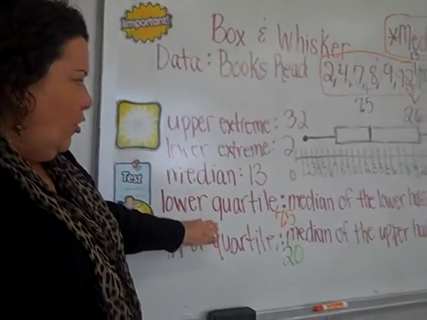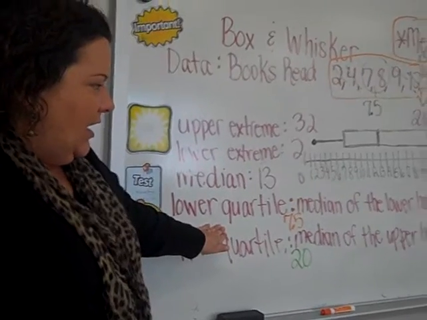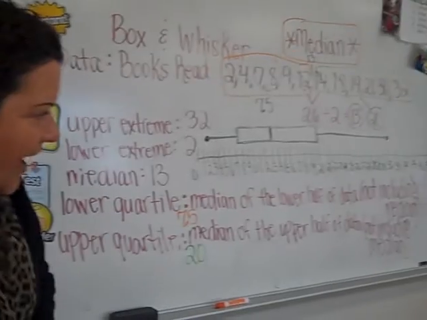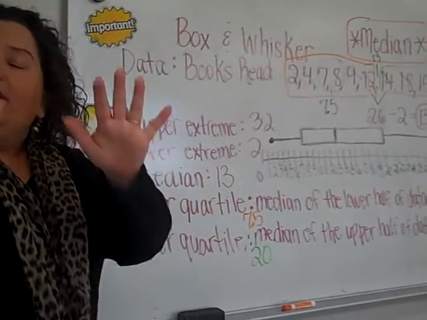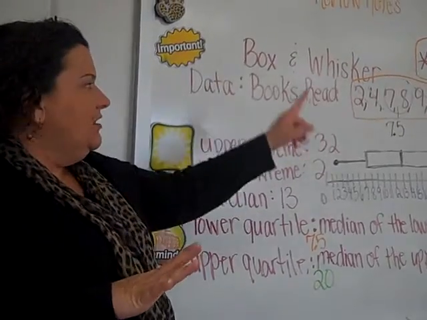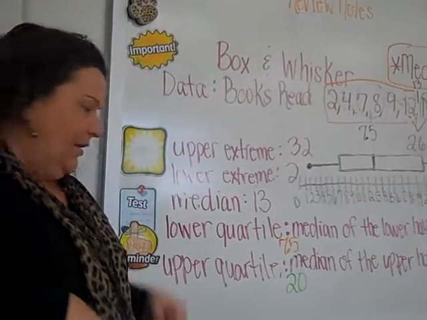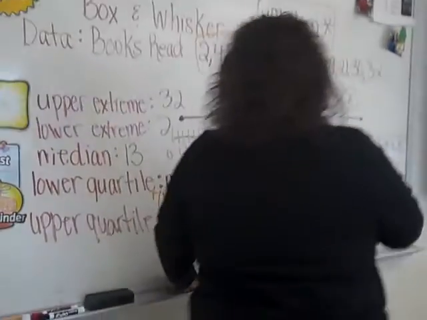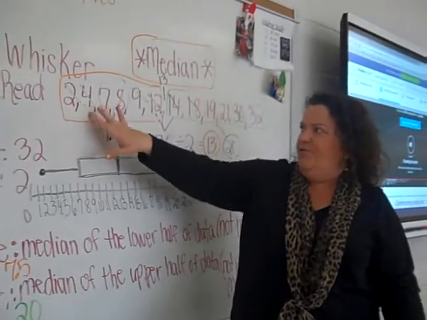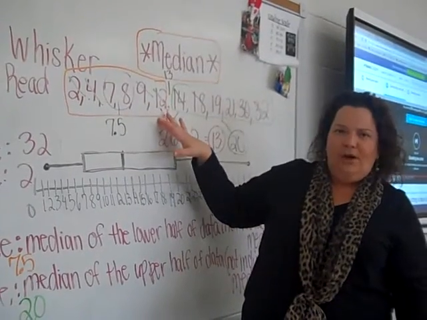Now we're going to talk about the lower quartile median, or the lower quartile, and that's the median of the lower half of the data. We don't include the original median we had, so we're not including that 13. If we look at this, the lower half of our data is 2, 4, 7, 8, 9, and 12.